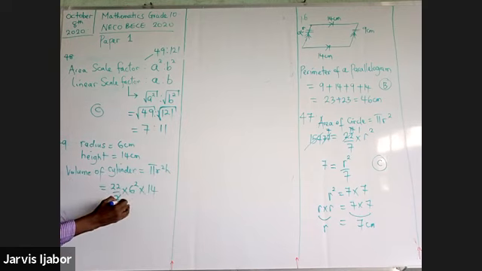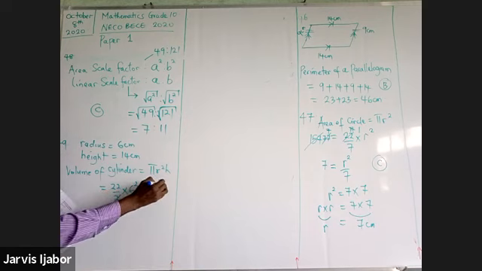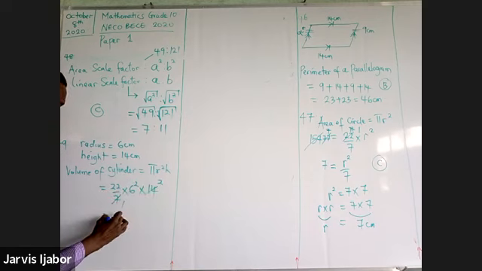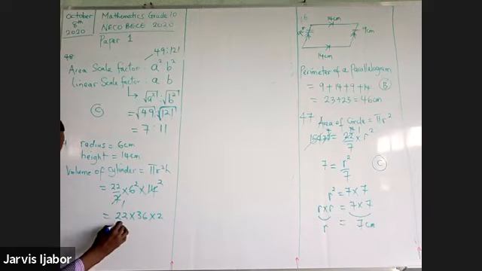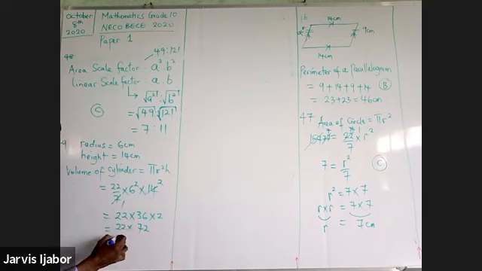This will divide this, I'll get 1. This will divide this, I'll get 2. So what you have now is 22 times 36 times 2. So this will be 22 times 72. And I can simplify that to 11 times the 2 I have here.